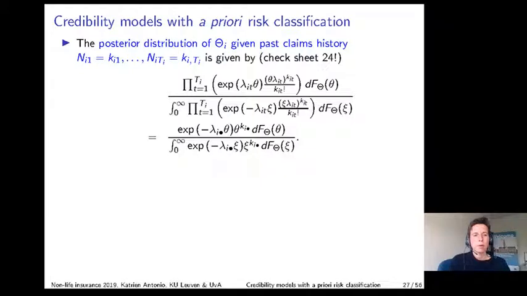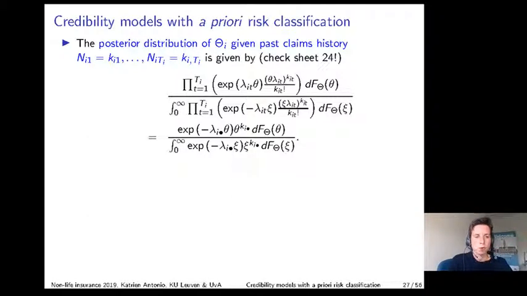Having our expression for the predictive distribution of N_i,t_i+1 available, it is insightful to rewrite this predictive distribution using our expression for the conditional distribution of the risk random variable theta I given the past claim history. That is the expression derived on sheet 24 earlier on.